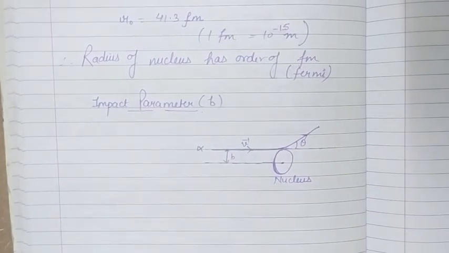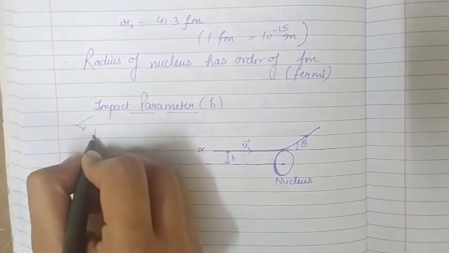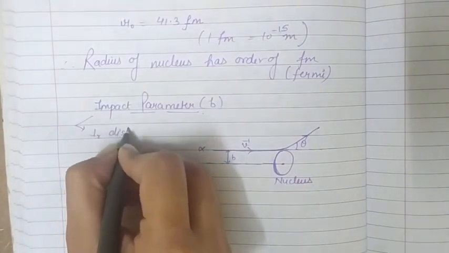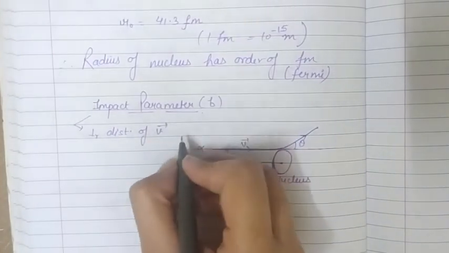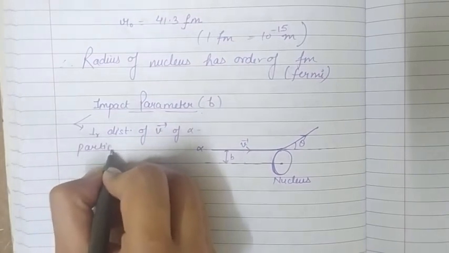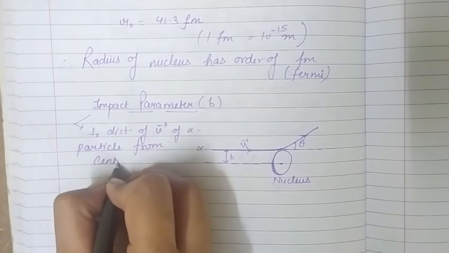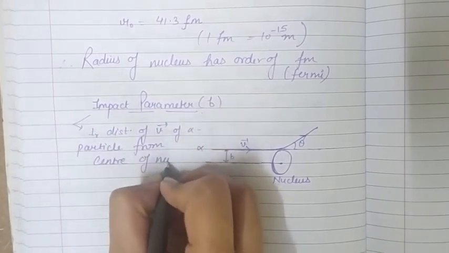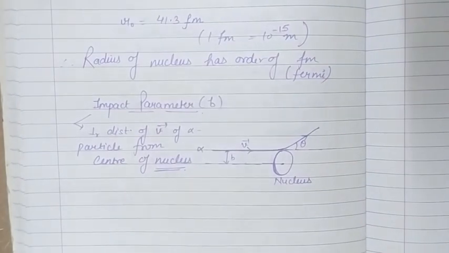So impact parameter is defined as the perpendicular distance of velocity vector of alpha particle from center of nucleus. This is called impact parameter.